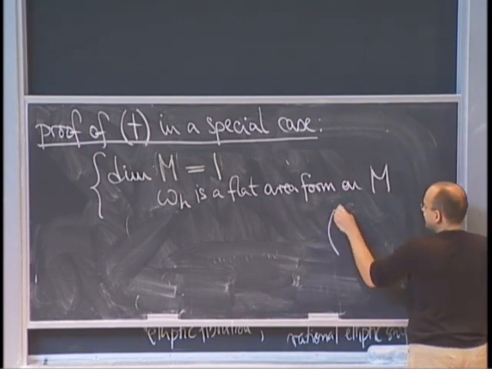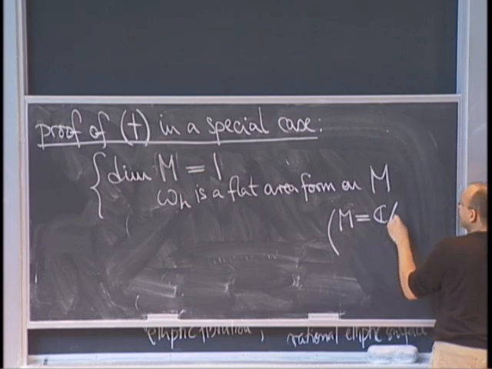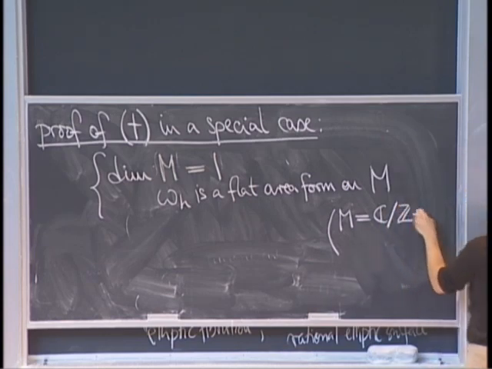This leaves the case that M is an elliptic curve, C mod Z plus Z tau.